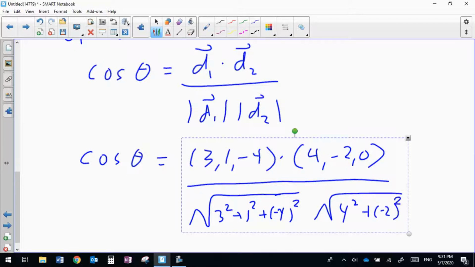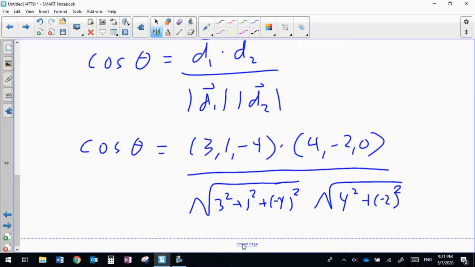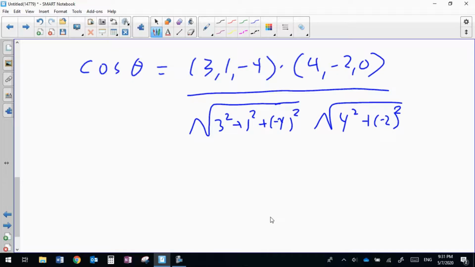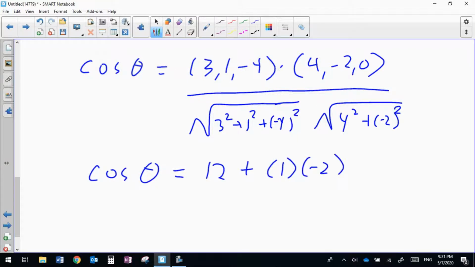So that's how we do magnitude again, using the Pythagorean theorem. We came up with that formula a while ago. And of course, to do the dot product, remember you multiply numbers together and add. So 3 times 4 is 12, plus 1 times negative 2, plus negative 4 times 0.